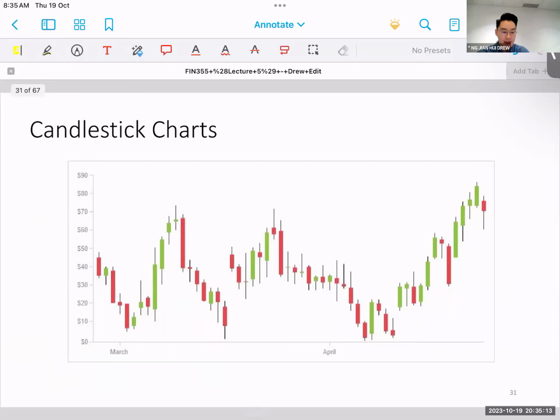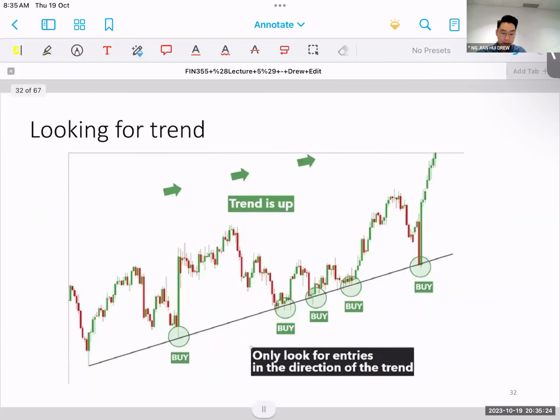And so this is an example of a candlestick chart. We can see some reds, some greens. Of course, the greens are the good ones. The reds are not so good because it's going down.